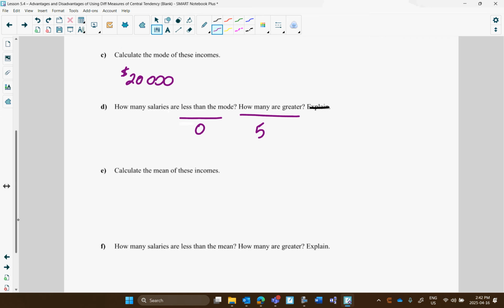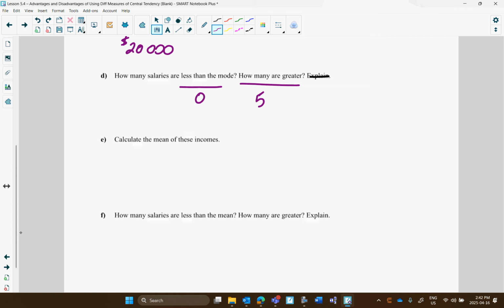And finally, the mean. We'll just go back to the original order of the numbers. We're not going to write them all. So these are the first two, and then we keep adding everything into the list until we get to the last one of 30,000, and we divide by 8.